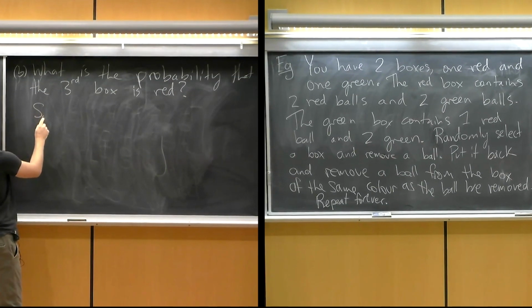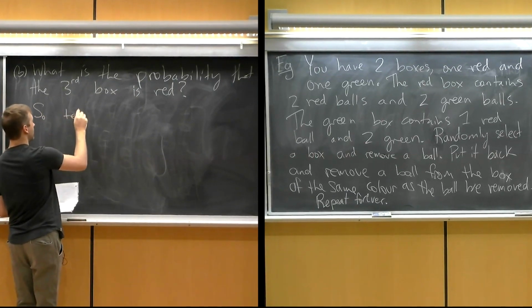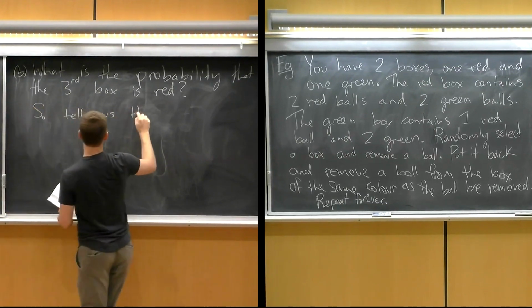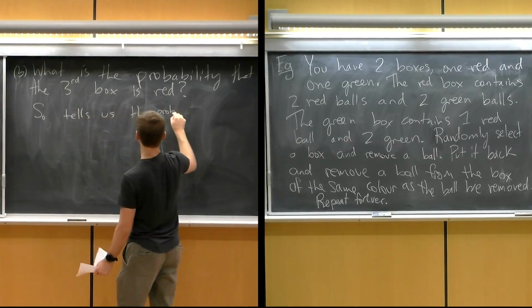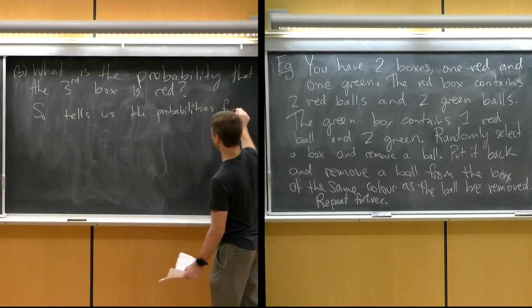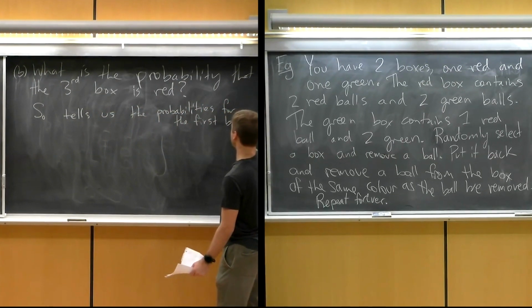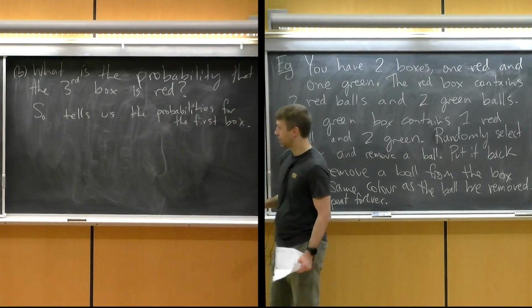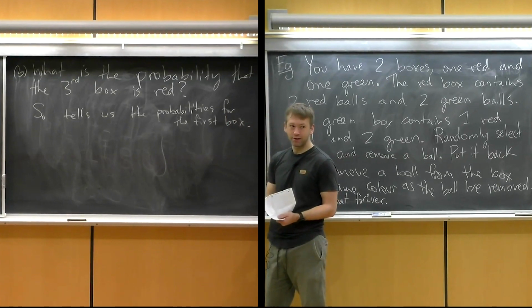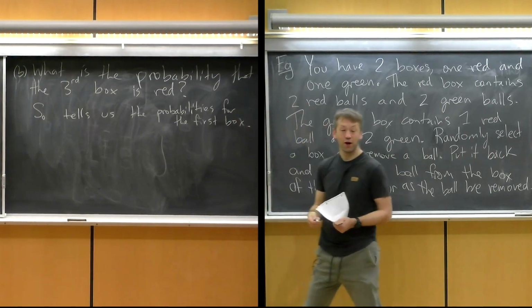So here's the key idea. Just to break this down, S0 tells us the probabilities for the first box. We want to know the probabilities for the second box. You could do a tree.